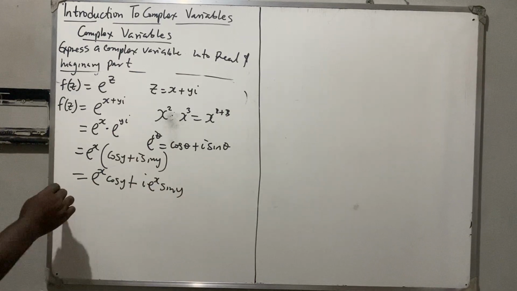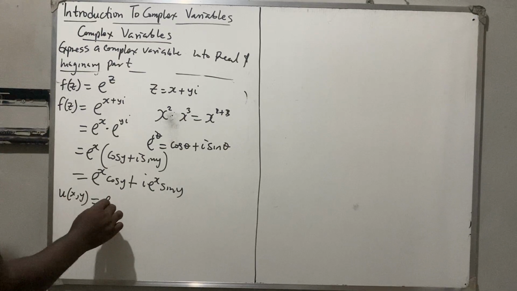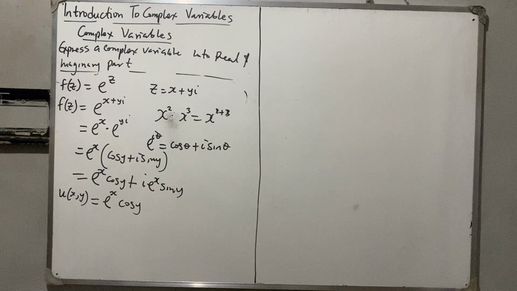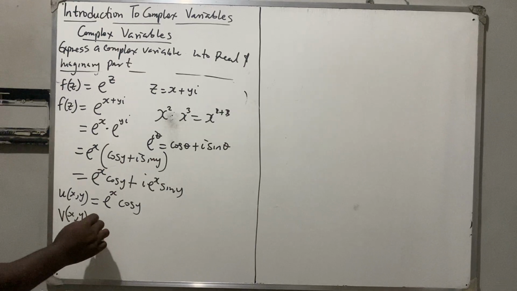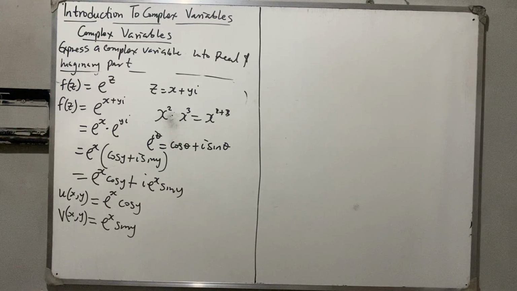Okay, so obviously you see that u of x comma y, which is the real part, is equal to exponential x cos y. That is the part that does not have i. Then v of x comma y is equal to exponential x sine y. Okay, so that is just that, as simple as that.